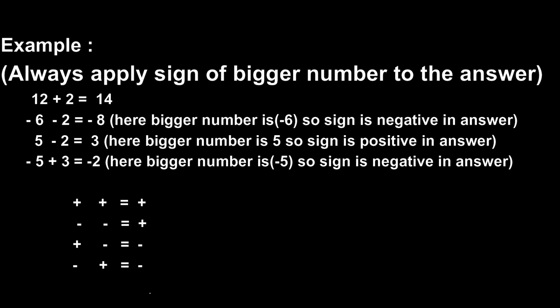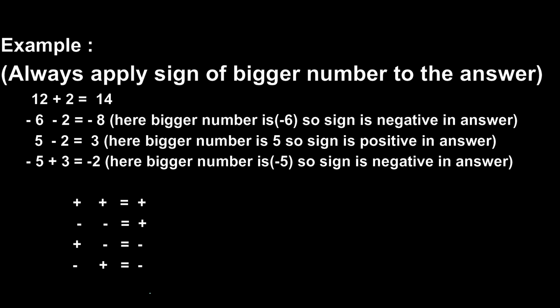So dear students, write the rules as I am saying: plus plus is equal to plus, minus minus is equal to plus, but the sign will be of the bigger number. Plus minus is equal to minus, minus plus is equal to minus. This means that whenever there are two same signs, at that time you have to do the addition, and when there are two different signs in the integers, you have to do subtraction.